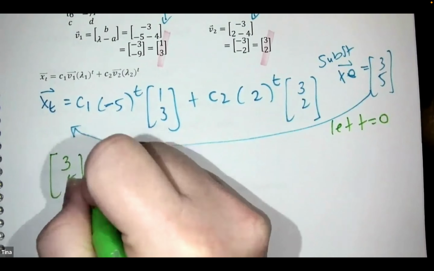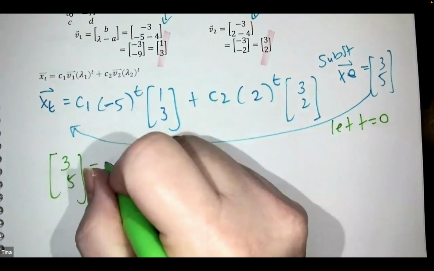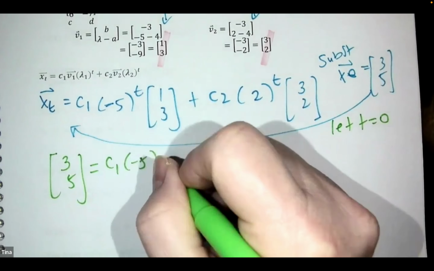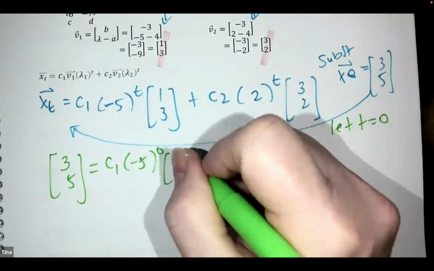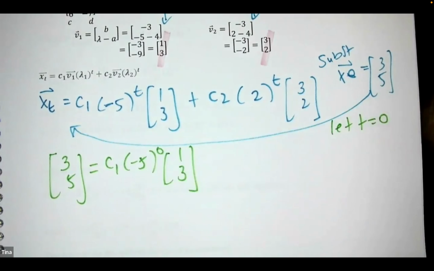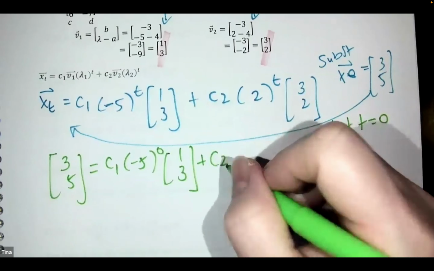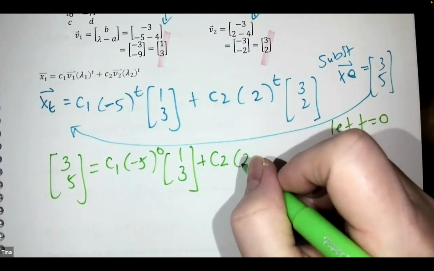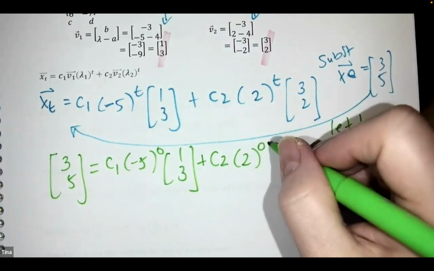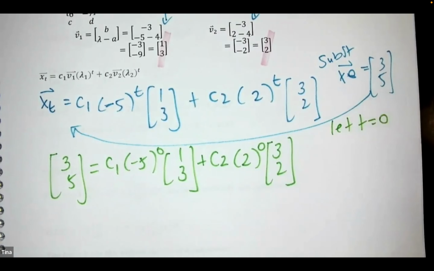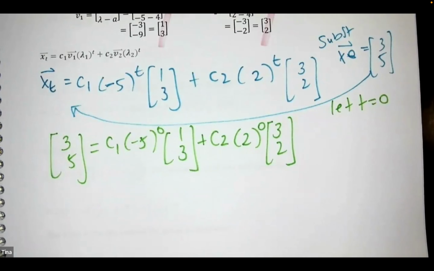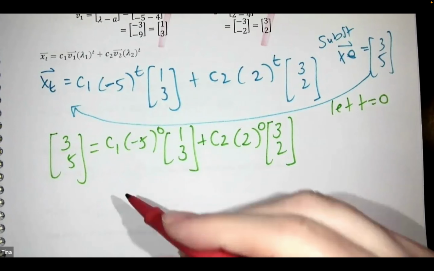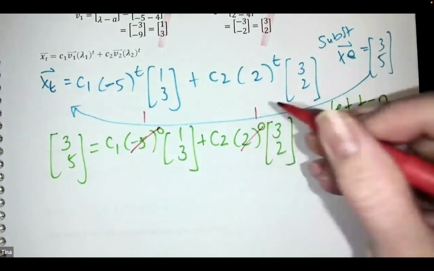So we've got 3, -5 equals c1 times -5 to the 0 times eigenvector 1, 3, plus c2 and then 2 to the 0 times eigenvector 3, 2. Now, keep in mind, anything to the 0 is gone because it's just 1.